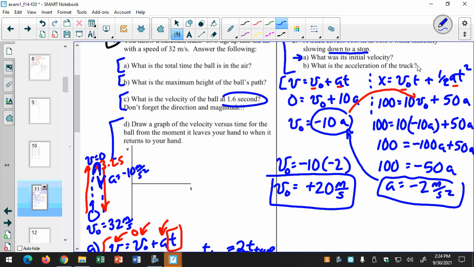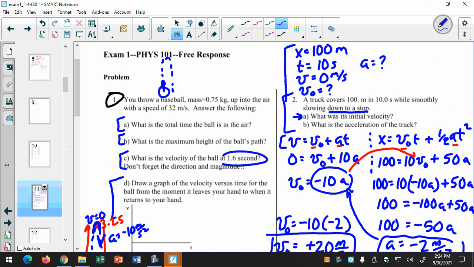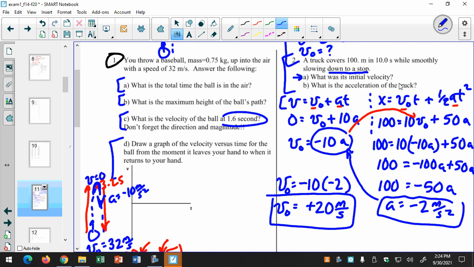Really, I want to see that you can solve a system of two equations. We're going to have to do that in chapter 4 when we get there. I just want to see that you can do the math. Now, the kinematics is important too, and really that just comes into making sure that you get these variables assigned correctly and that you know these kinematics equations for v and x.